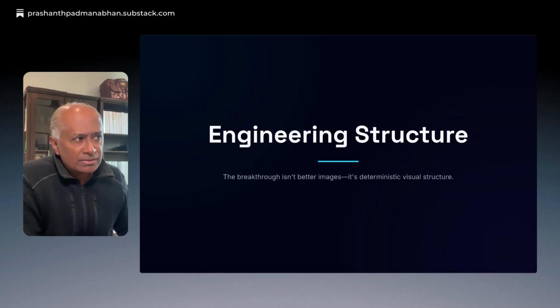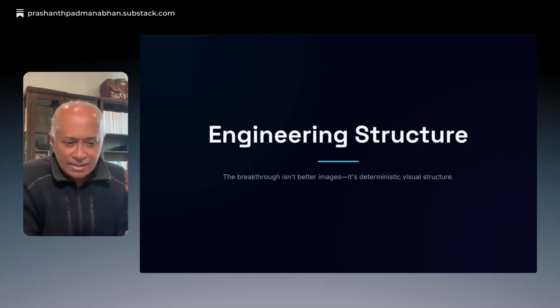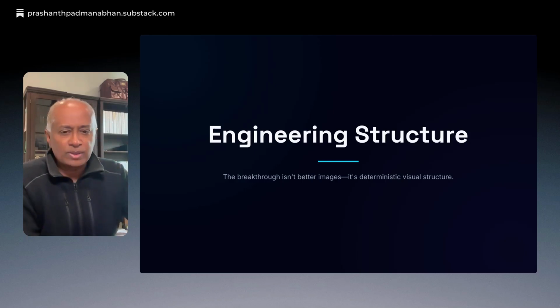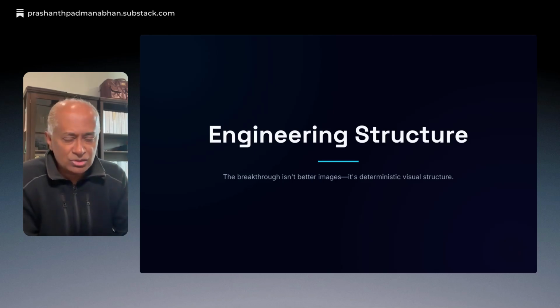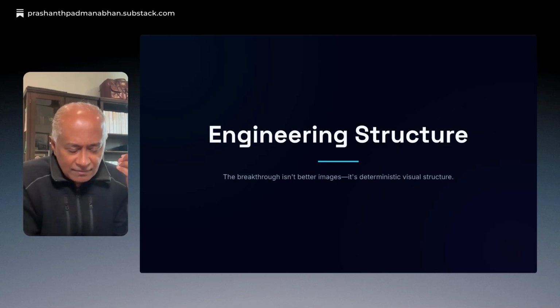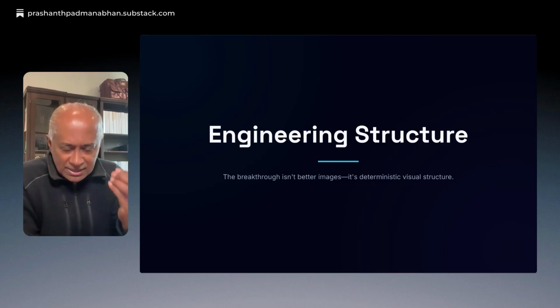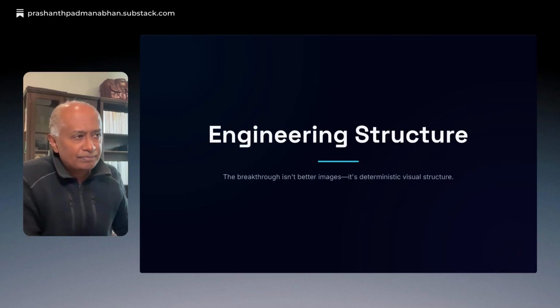So the breakthrough here isn't better images, it's deterministic visual structure. It is not nice looking videos or professional looking images or icons, but it is a visual structure that is deterministic, that is predictable, reliable, repeatable, and maneuverable.